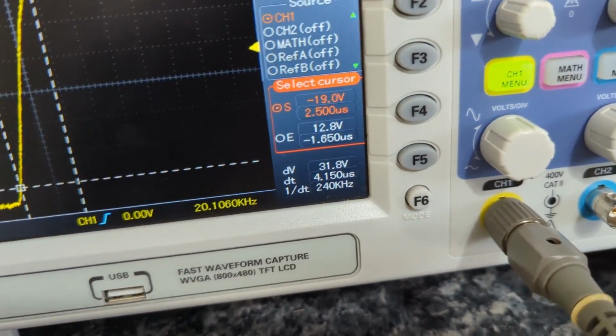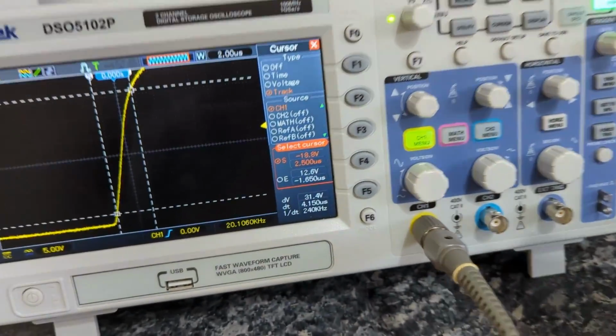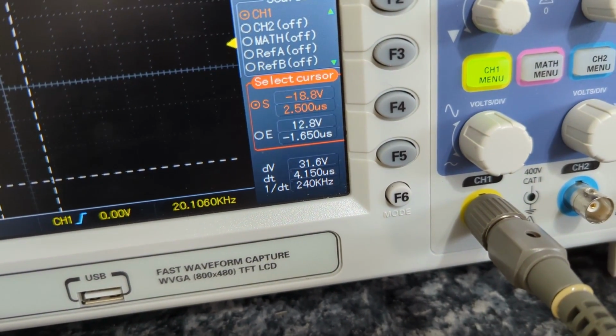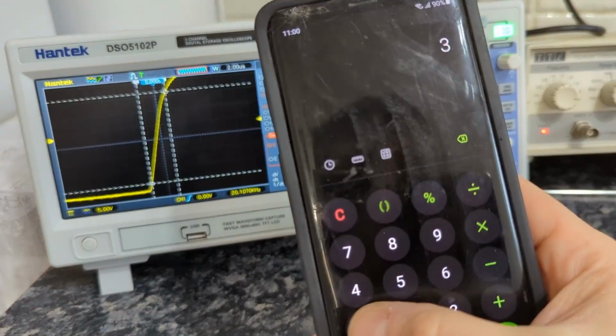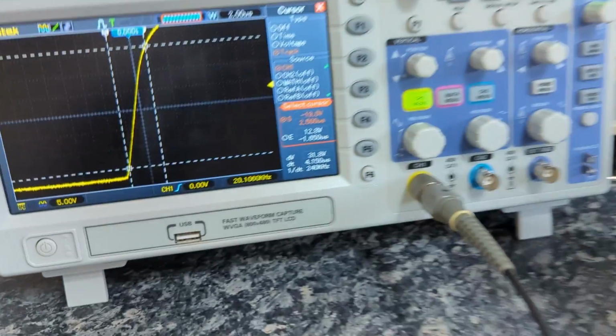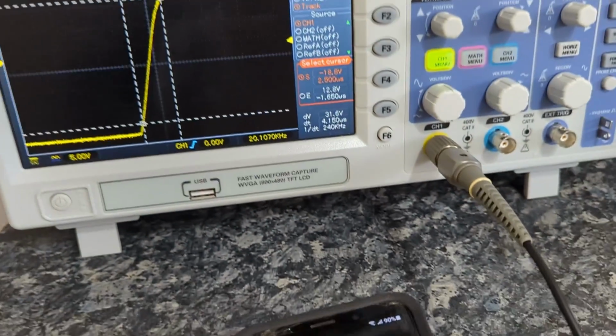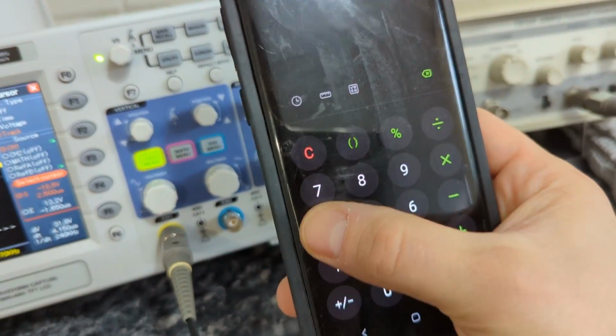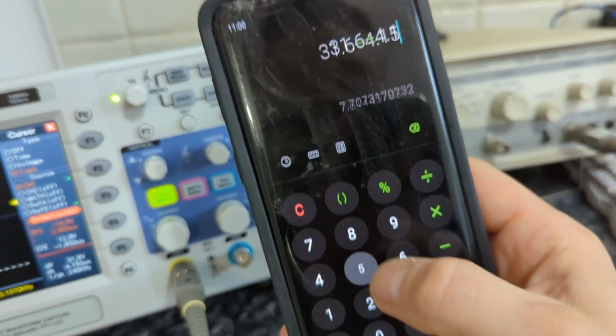So we need to take the voltage, 31.6 volts, and divide it by, because it's in microseconds, 4.15.